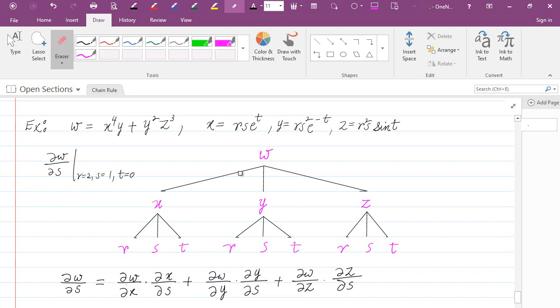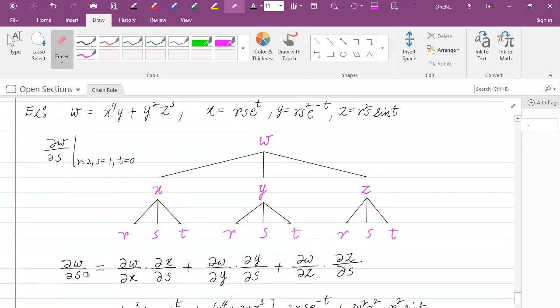So here w is a function of x, y, and z. X is a function of r s t, y is a function of r s t, z is a function of r s t. So by the chain rule, we know that the partial derivative of w with respect to s would be partial derivative of w with respect to x multiplied by partial derivative of x with respect to s, plus partial of w with respect to y multiplied by the partial of y with respect to s, plus partial of w with respect to z multiplied by partial of z with respect to s.